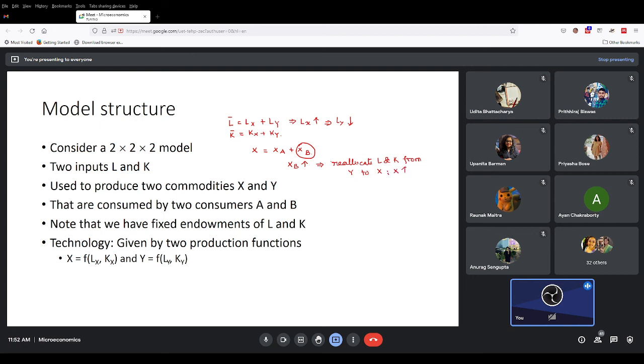X is going to go up, right? So keeping A constant, we can increase X so that B can consume more. So this is the difference between inputs and output. But look, this also has a cost, because in that case the production of Y has to go down.